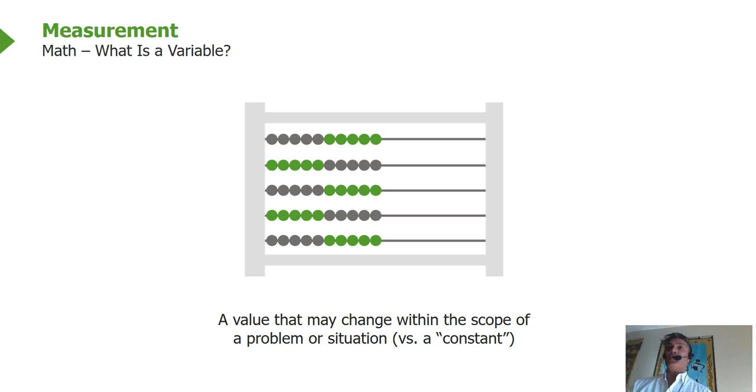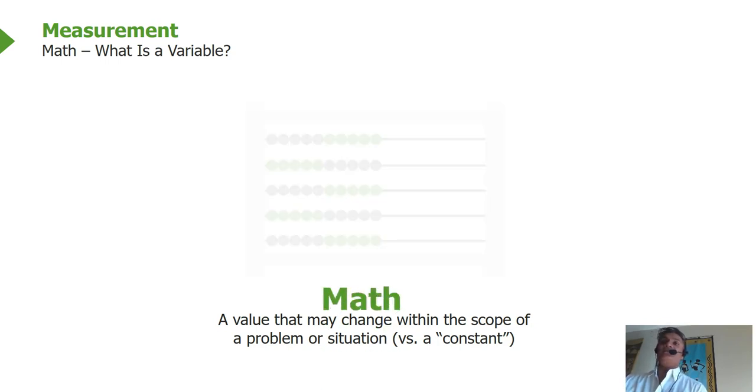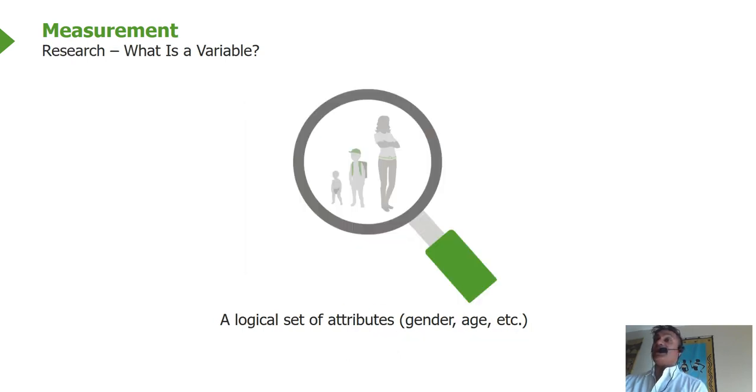So when we measure, we assign a variable to that measurement. And we've used this word variable throughout our entire career, right? In math, a variable is something that changes within the scope of your problem, right? y = mx + b. As we change x, y changes as well. So in math, we would designate our variable with a letter, x.